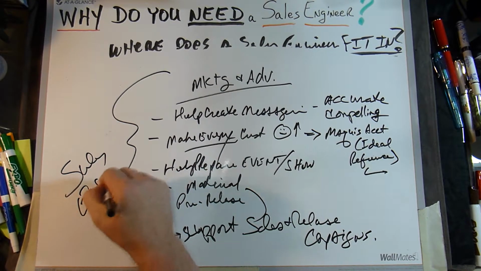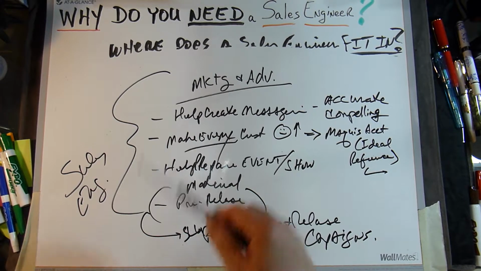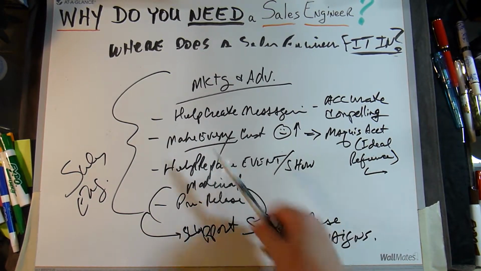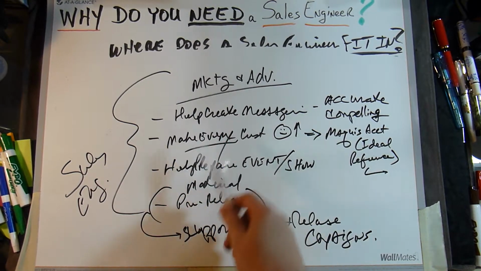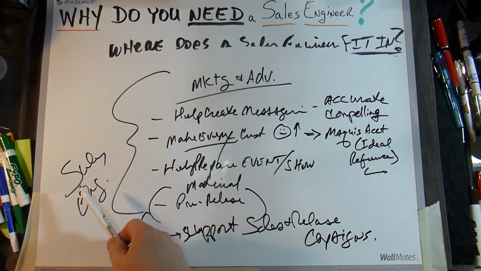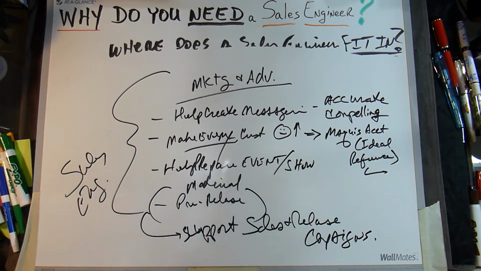And this is the end of the second part of exactly what a sales engineer does and how they fit in. So we talked about, as far as prospects are concerned, engineering development, what we do for marketing and advertising, how we help executive decision makers, how we help product management, how we help sales.